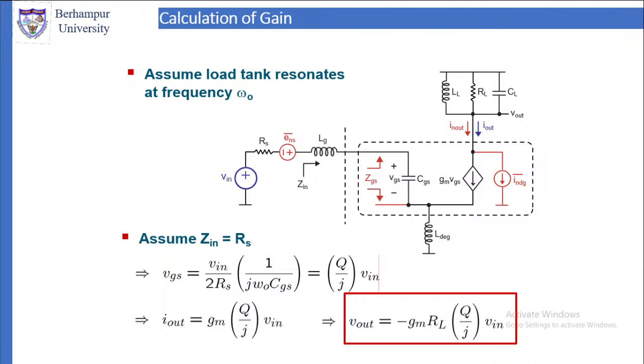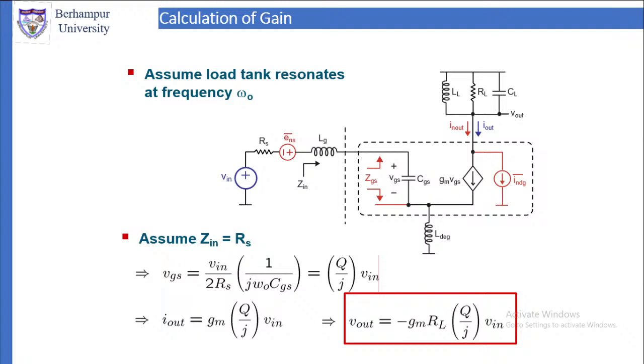Now let us calculate the gain. So assume that the tank circuit is resonating at the frequency omega 0. Assume Zin is equal to Rs. So for matching Zin is equal to Rs, that we will assume. Then VGS, voltage between gate and source, is equal to Vin by 2 Rs into 1 by j omega 0 CGS.